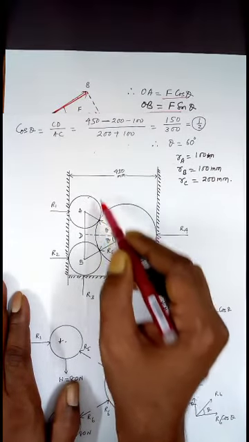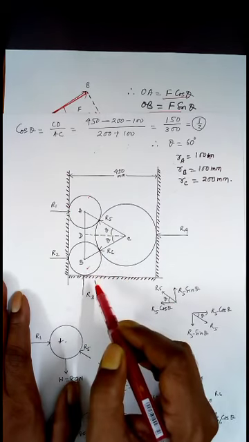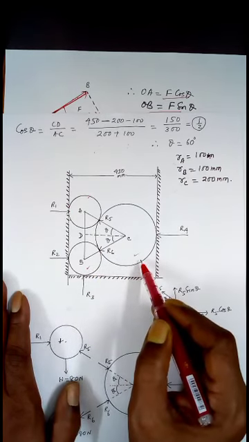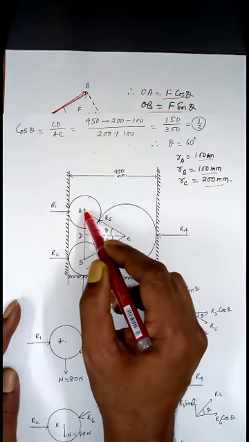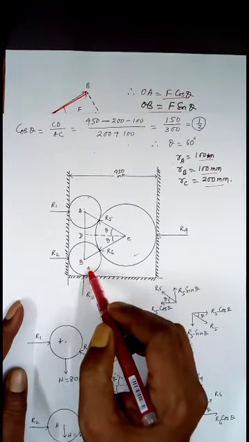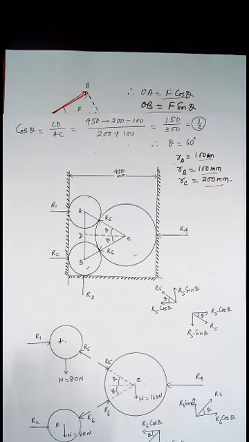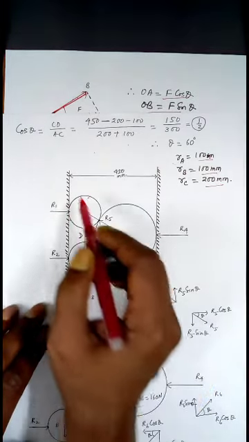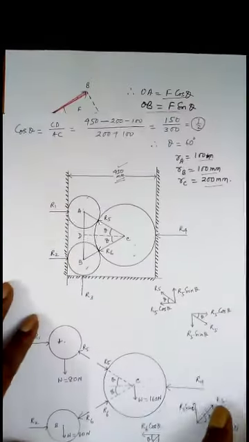The radius of this cylinder is 100 mm, the radius of this is also 100 mm, and the radius of this is 200 mm. The weight of this is 80 Newton, the weight of this is 80 Newton, and the weight of this is 160 Newton, as I told you before. And what else is given? The distance between this point and this point is 450 millimeter.